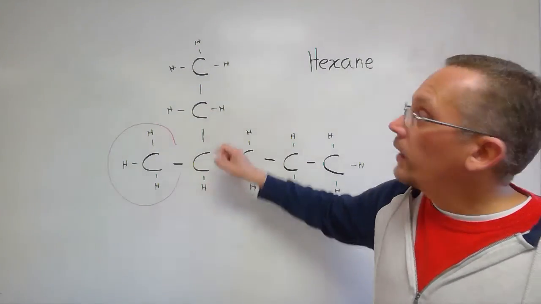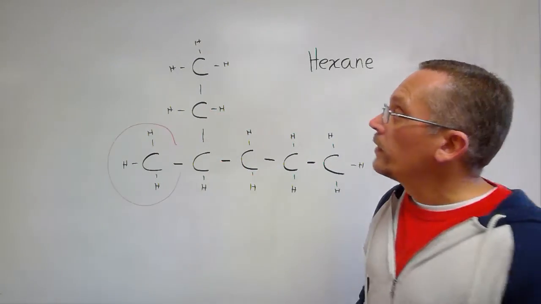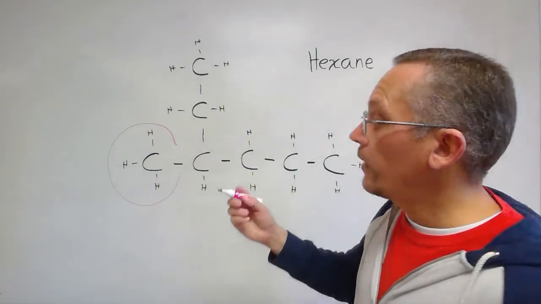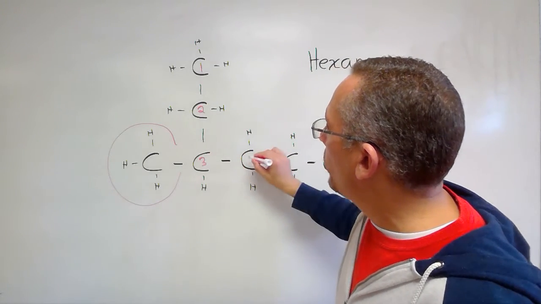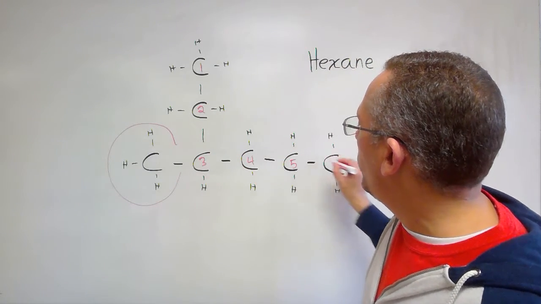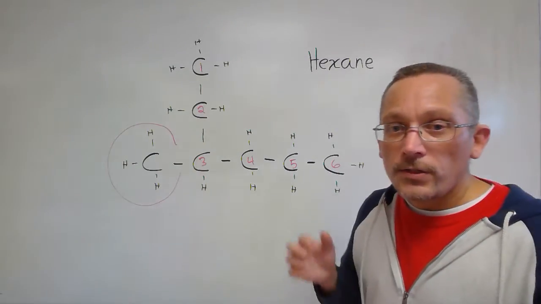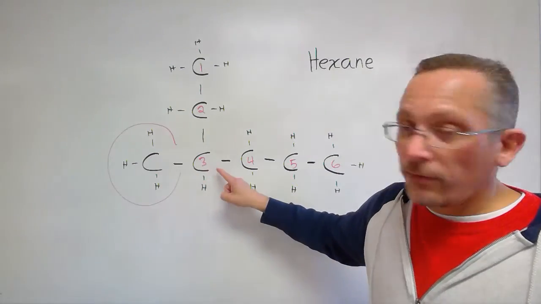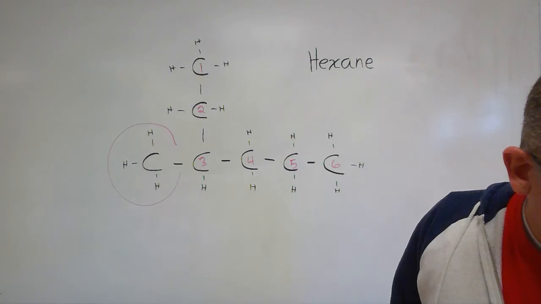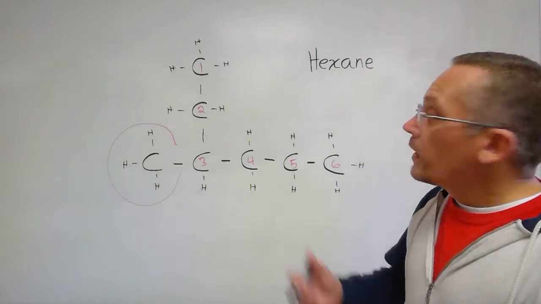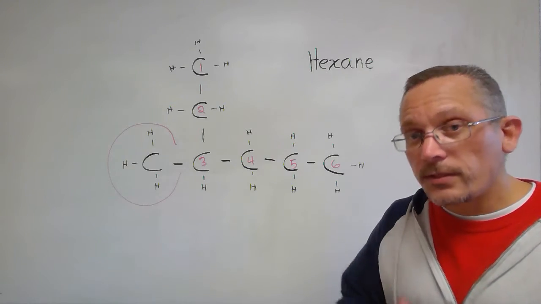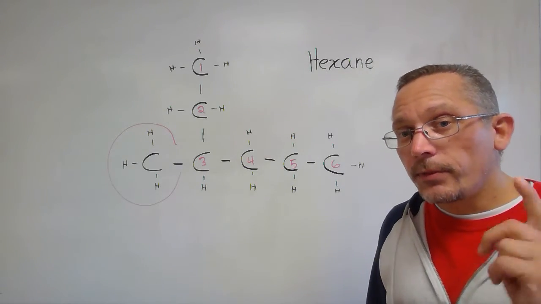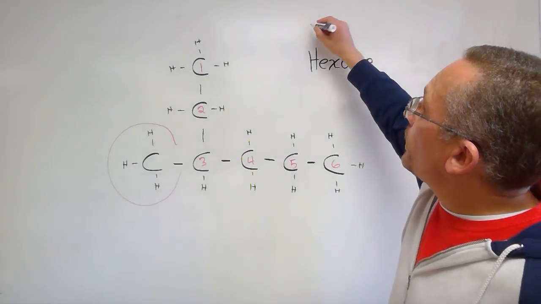If I number the other way, it's 1, 2, 3. So the correct way to number my carbon atoms here is 1, 2, 3, 4, 5, 6. So you can see that my branch comes off of carbon number 3. Okay. Now, just like we named with the double bonds and the triple bonds, I'm going to use the number to indicate where that branch comes off.